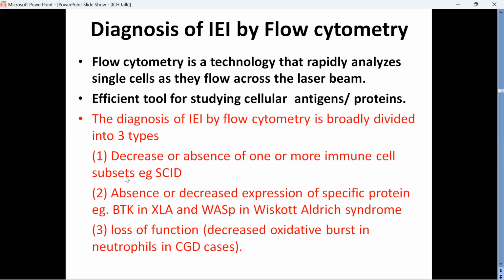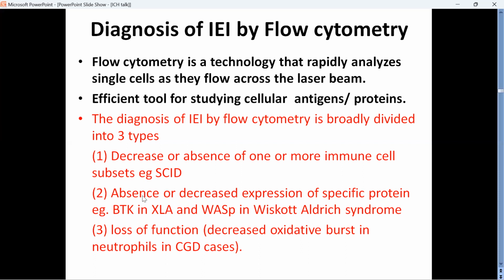Another example: you are studying the lymphocytes and there is complete absence of B lymphocytes. Then the diagnosis is agammaglobulinemia. So that is one way of diagnosing PIDs by flow cytometry, based on decreased or absent immune cell subsets.